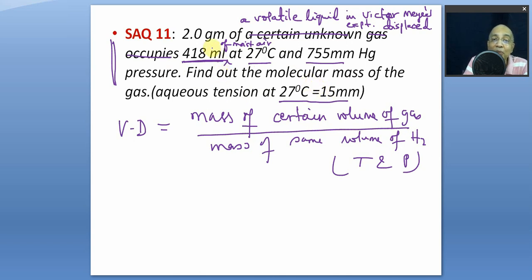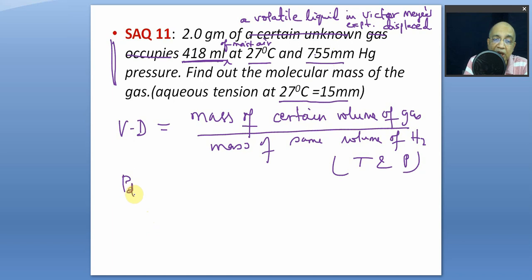So 2 gram was the mass of the liquid which was vaporized in the Victor Meyer's tube. Now the vapor displaced this many milliliters of moist air, and the aqueous tension is 15 millimeters. So you have to subtract from 755 millimeters, the total pressure of the moist air, which was found from the barometer by the leveling experiment.